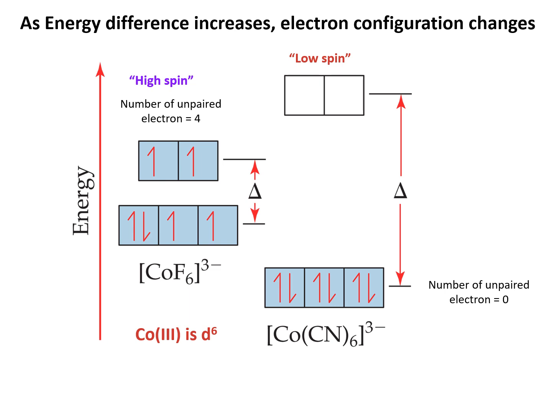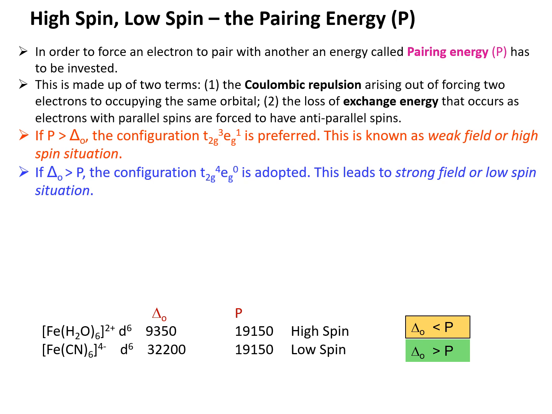As energy difference increases, electron configuration also changes. We have to look at the number of unpaired electrons. If the number of unpaired electrons is 0, then it is termed low spin. If the number of unpaired electrons is more, then the complex is termed a high spin complex.